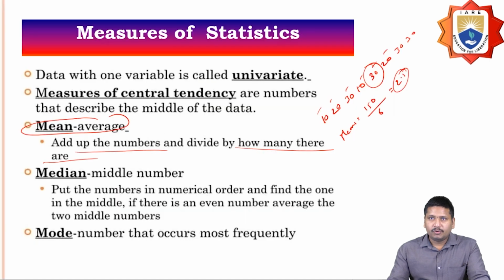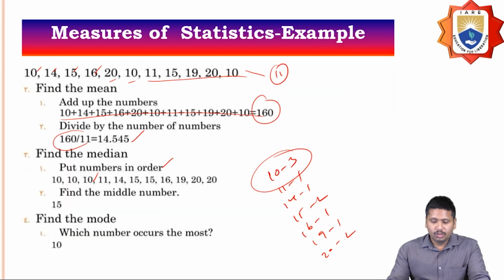Some of the measures of statistics are the mean, median and mode. These three are very basic things for implementing statistics. So how are we going to calculate the mean, median and mode? Mean means we add up all the numbers and divide by the total number of numbers.